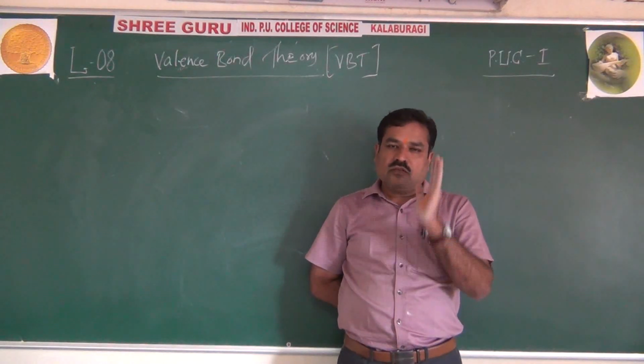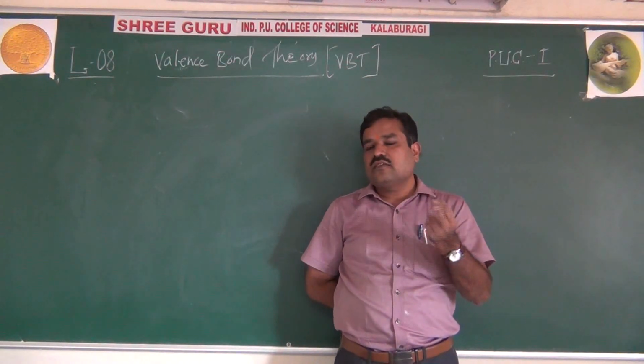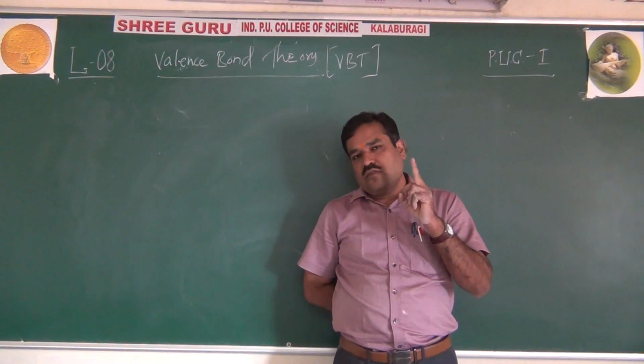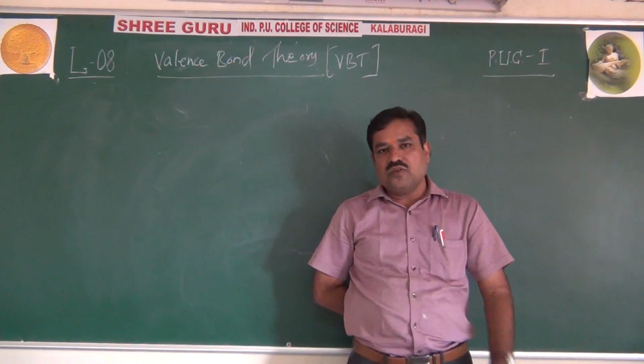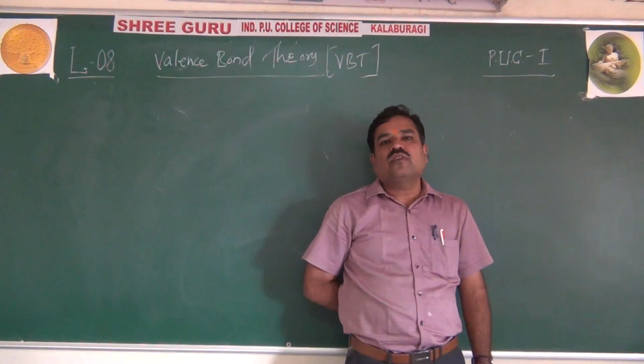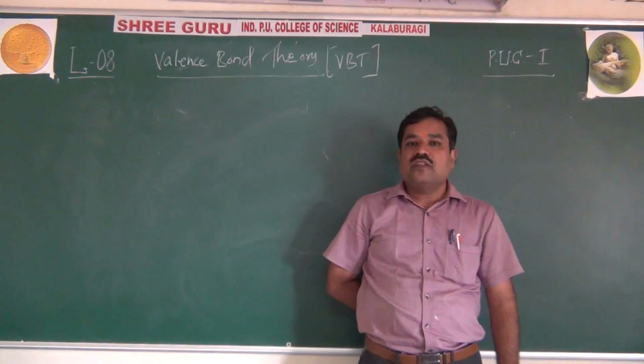Now remember, what are the limitations? It does not tell us about chemical bond formation, bond dissociation energy and shape of the molecule. We are unable to get this information from the Lewis dot structure as well as valence shell electron pair repulsion theory.